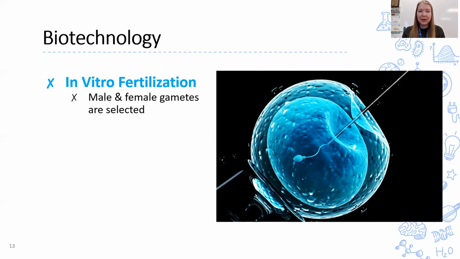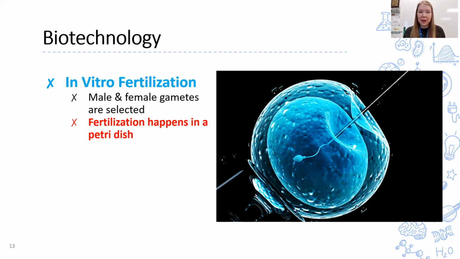In vitro fertilization, you're taking the male and female gametes that have been selected, and then you are having the fertilization happen in a petri dish. So that's the main difference between in vitro fertilization and artificial insemination.